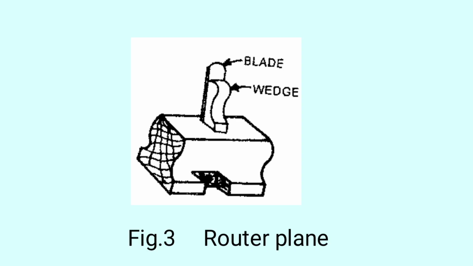Now you can observe the parts. Here we have only two parts: blade and wedge. It has a totally different look from the other planes.